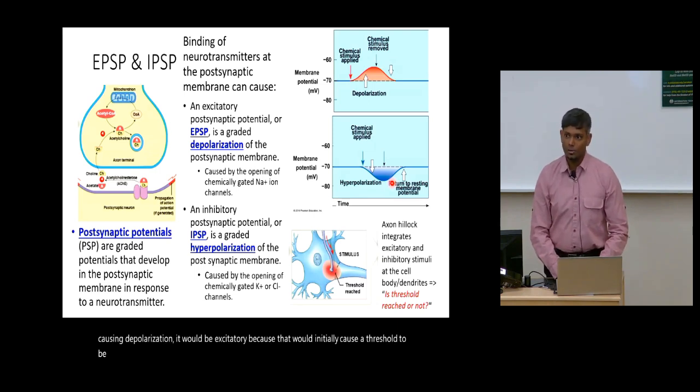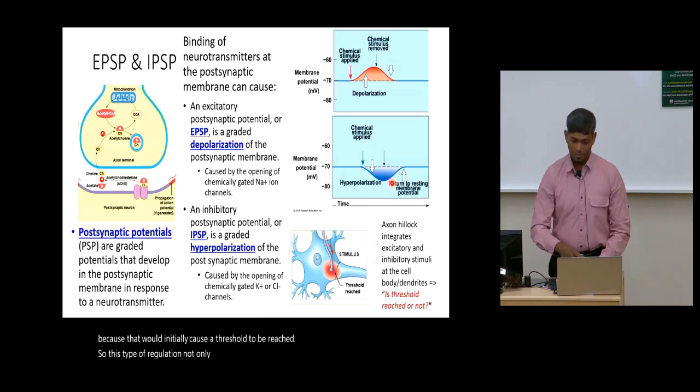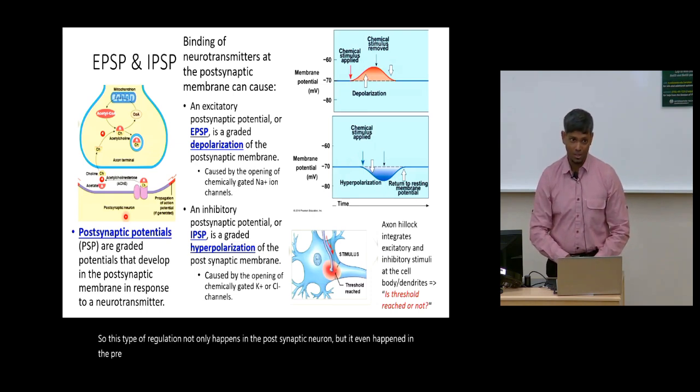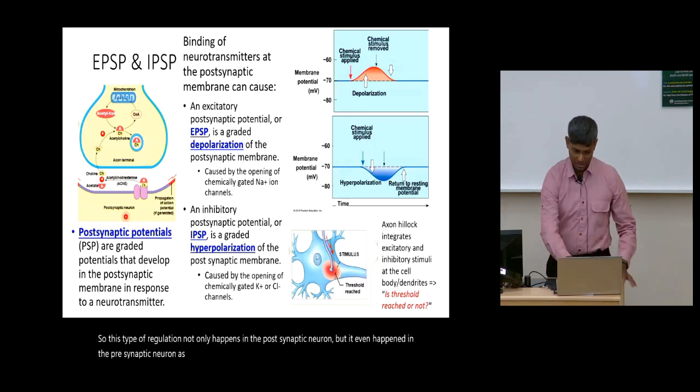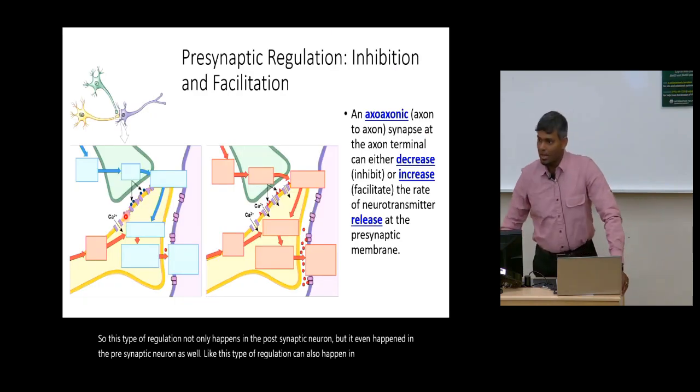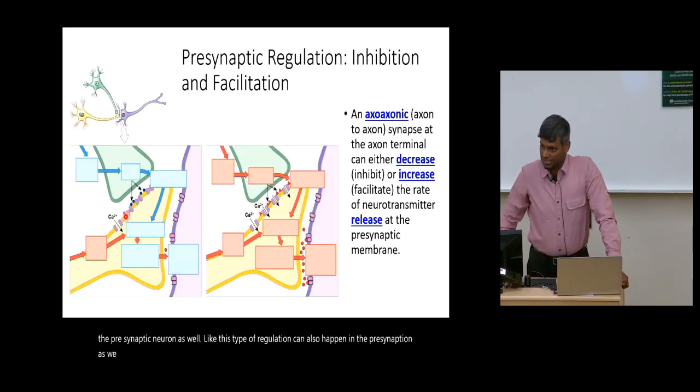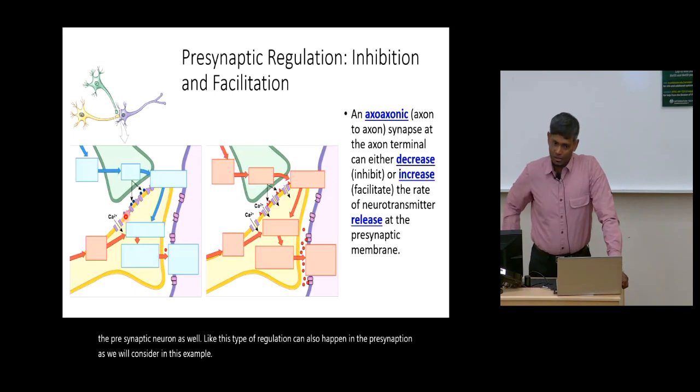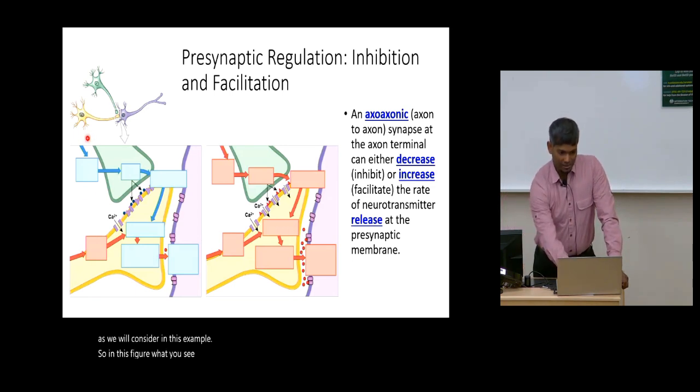All right. So this type of regulation not only happens in the postsynaptic neuron, but it can even happen in the presynaptic neuron as well, as we will consider in this example. In this figure, what you see is an axonic synapse.